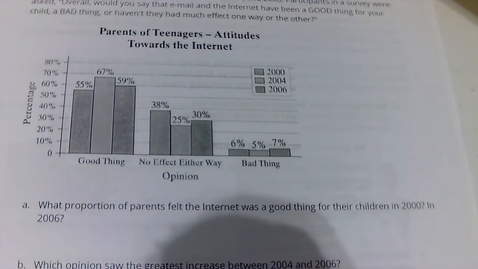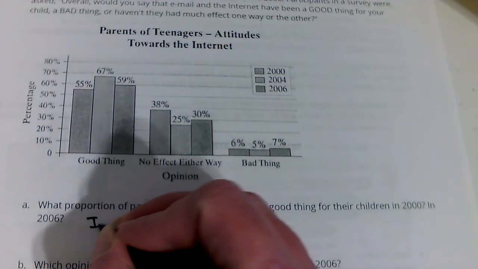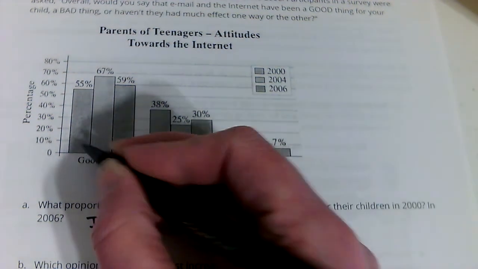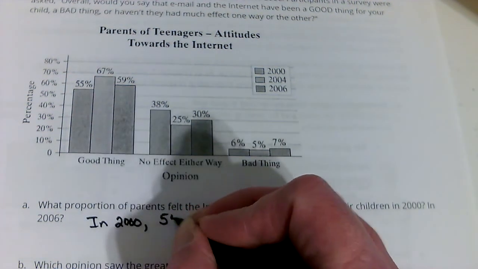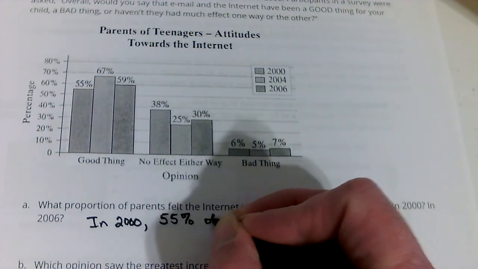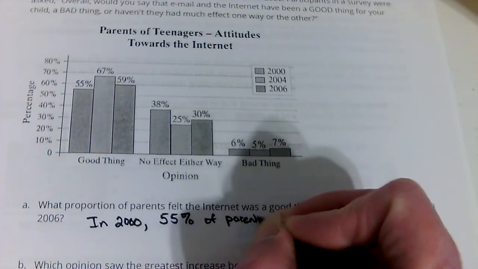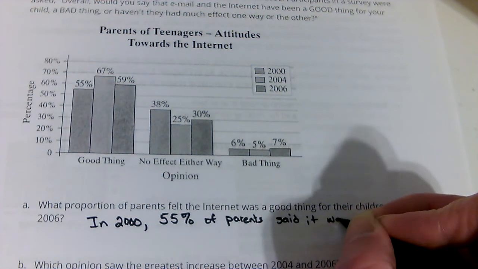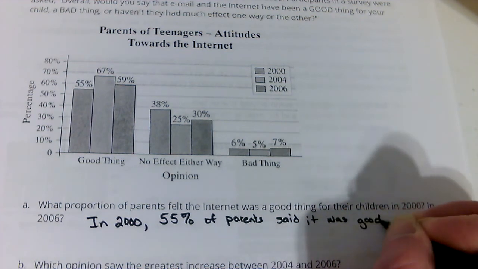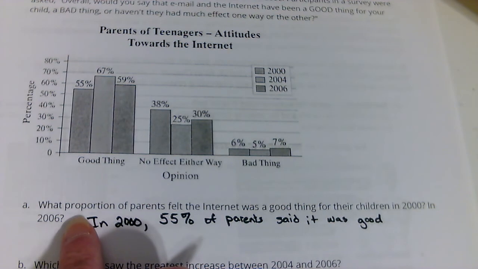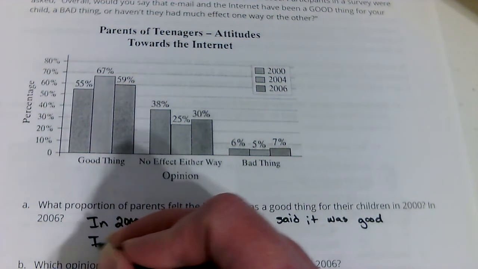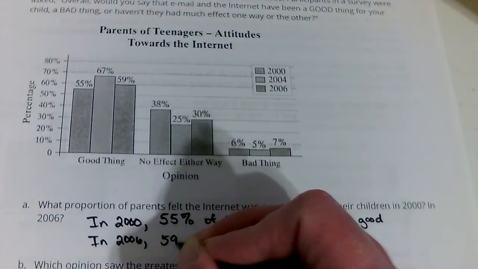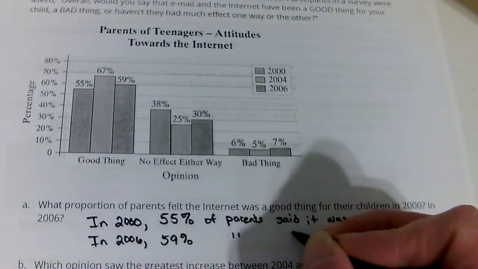So in 2000, that'd be this one, good thing. 55% of parents said it was a good thing. What about in 2006? That's the last bar. So in 2006, 59% of parents said it was a good thing.